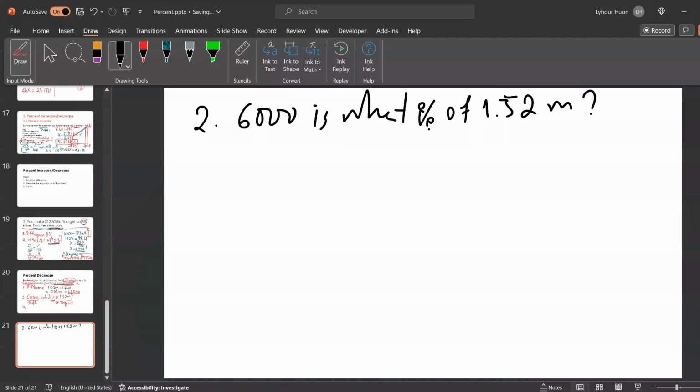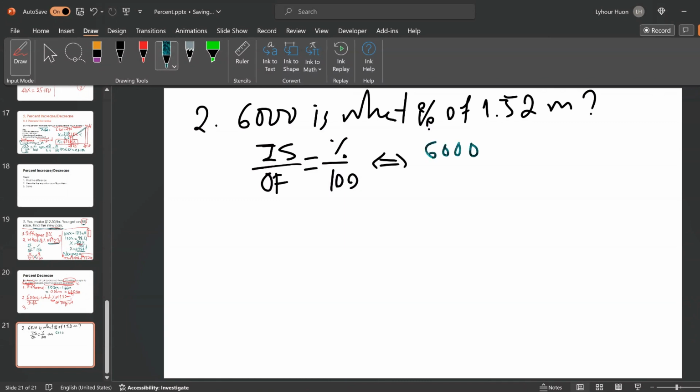60,000. Don't forget to write the formula so that it is easier. It's is over of, percent over 100. So 60,000 over 1.52 million.